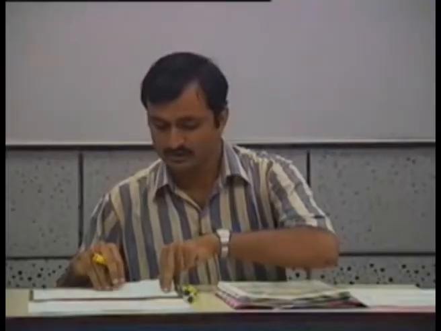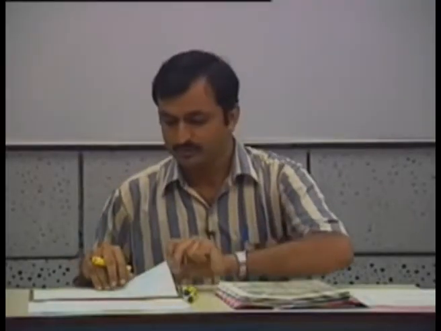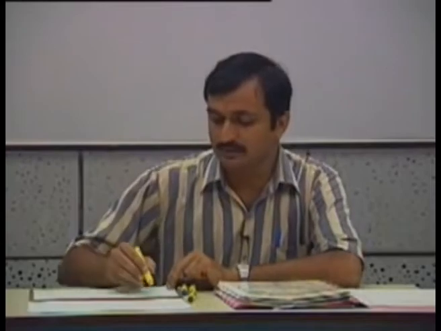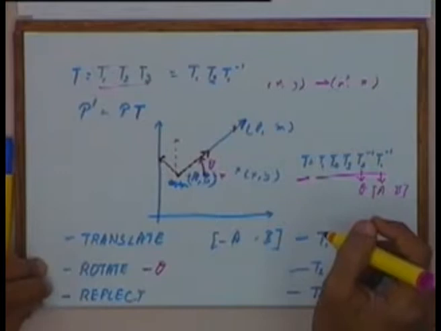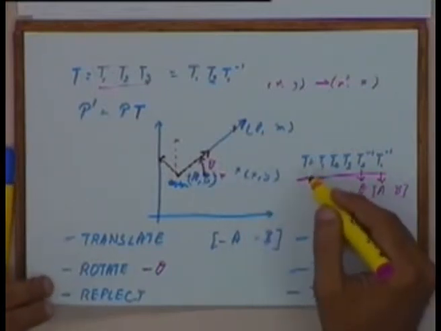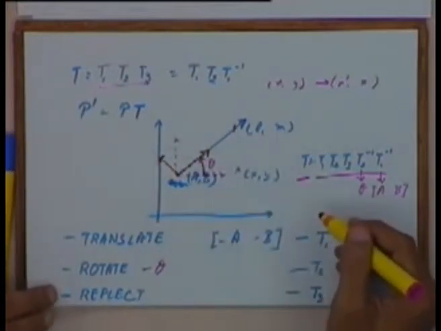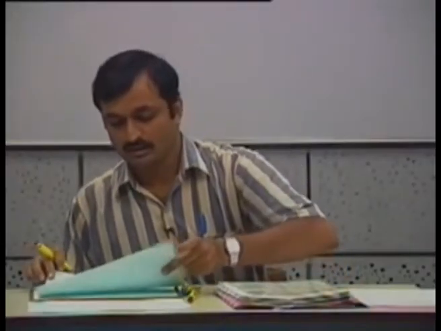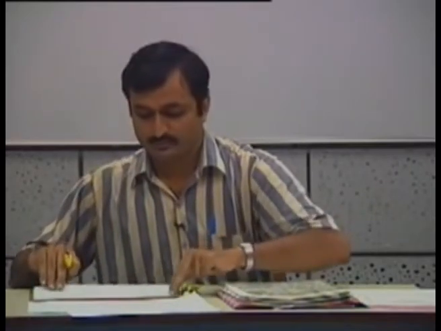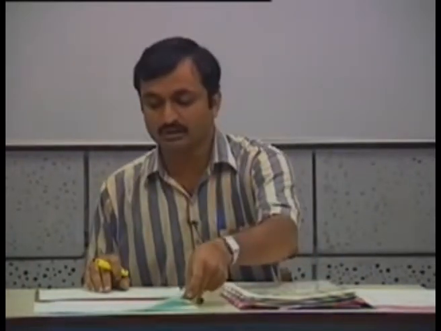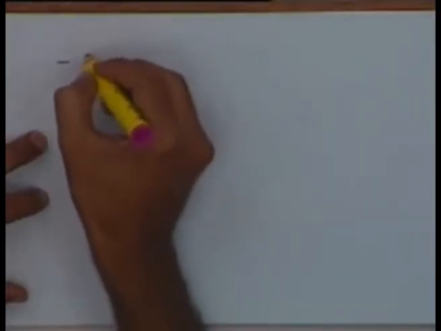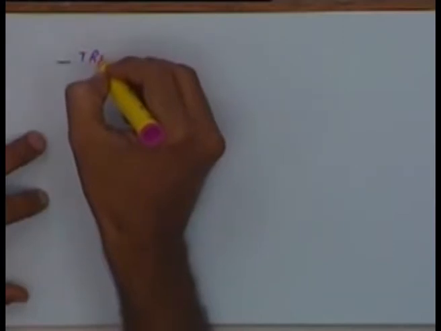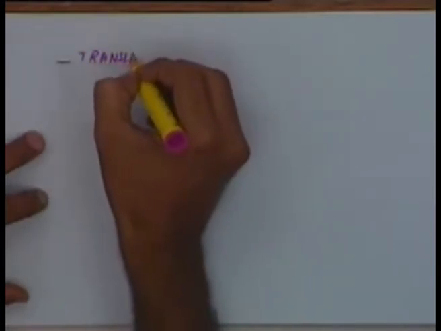So we have basically seen how we can combine different operations and get a combined transformation matrix for a series of operations. The basic advantage of using homogeneous coordinates, the first advantage was that translation can be captured as matrix multiplication.